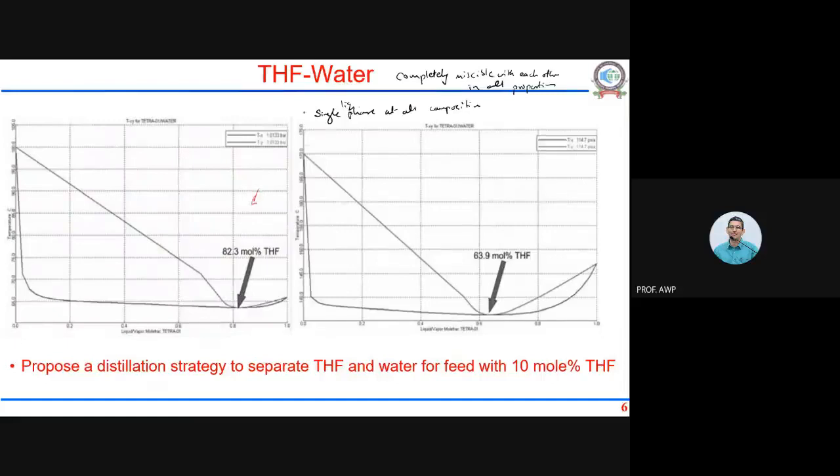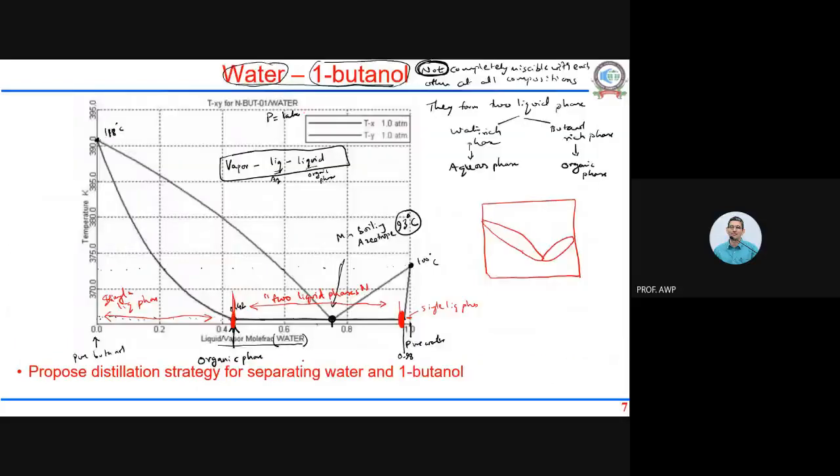But they are immiscible with each other between mole fractions of 0.42 and 0.98. So the composition does not look like this.